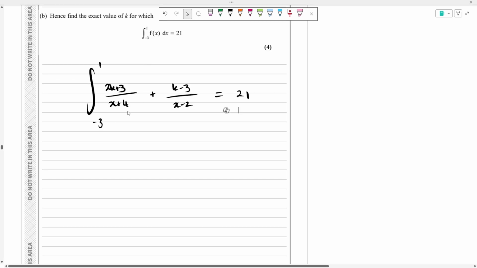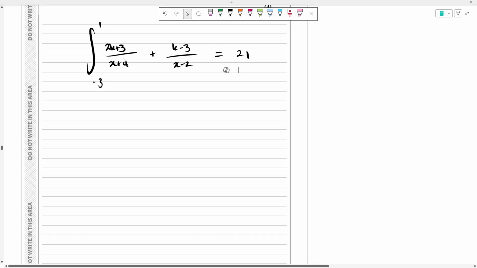When we integrate any sort of fraction like this, especially when we have an x on the denominator, this turns into a natural log. When you have 1 over x and you integrate, this becomes ln x plus c.